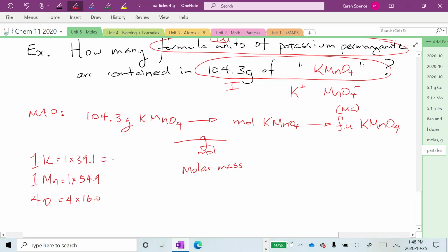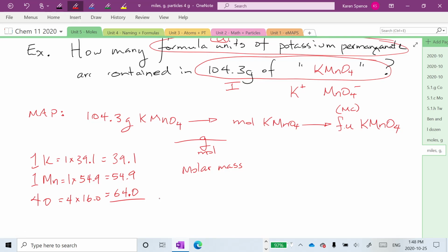So we have 39.1, we have 54.9, and 4 times 16 is 64. And it's not just 64, it's 64.0. So let's add those up.